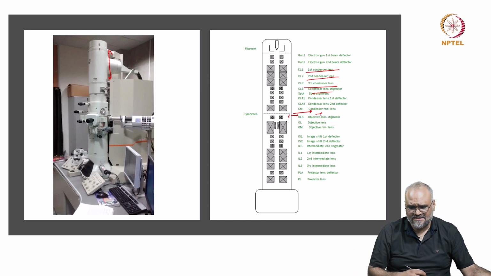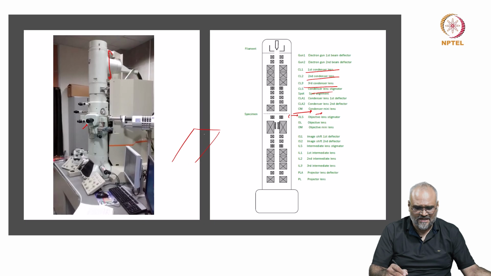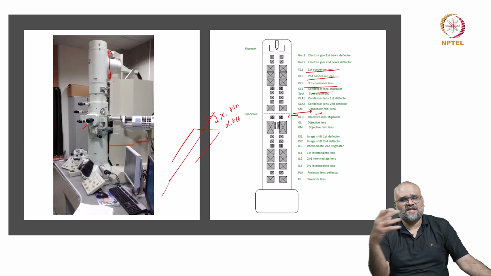In other words, when I insert a specimen holder like this, the holder configuration is somewhat like this, and let us say this is the axis of the holder. If I tilt the specimen along the axis of the holder, in this JEOL microscope you call this X tilt, in Thermo Fisher you call this the alpha tilt, you can call it primary or secondary tilts.